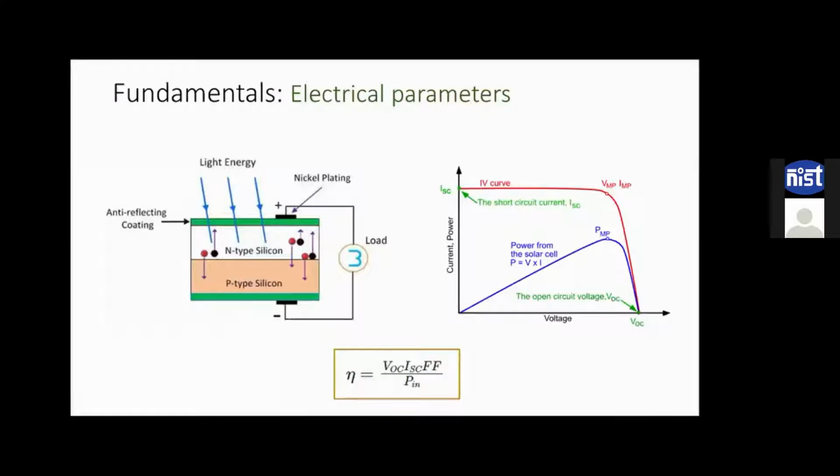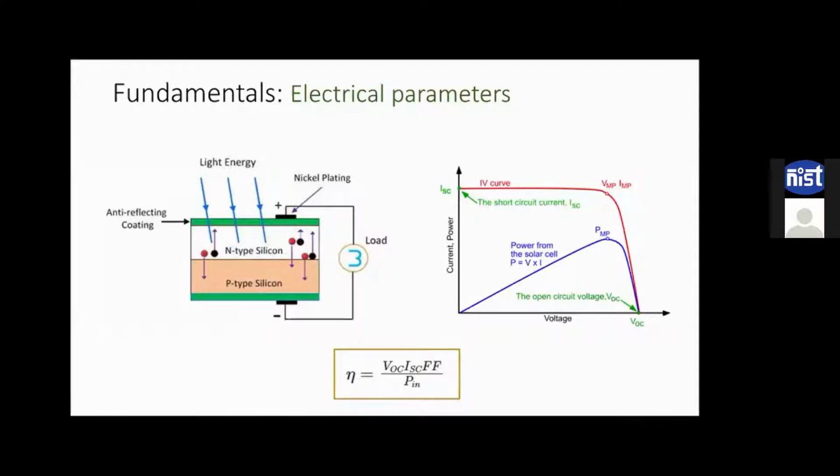Now, what about this term called fill factor? When your device is working and your solar cell is giving power to its load, there is some internal resistance that comes into play in the path of the electrons and holes traveling across the device.